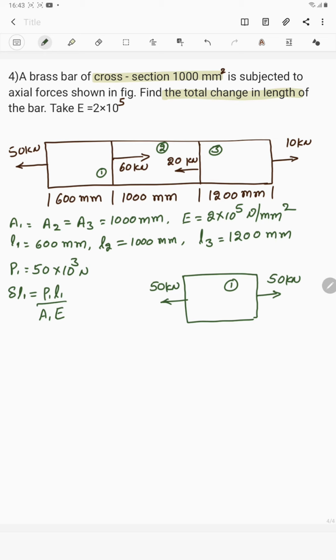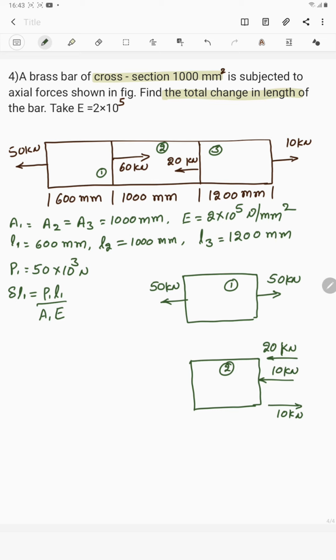Similarly, look at section 2. With respect to section 2, in the left end, 20 kilonewtons is acting in this direction, and this is the 10 kilonewton. The resultant load is 20 minus 10, 10 kilonewtons in this direction.